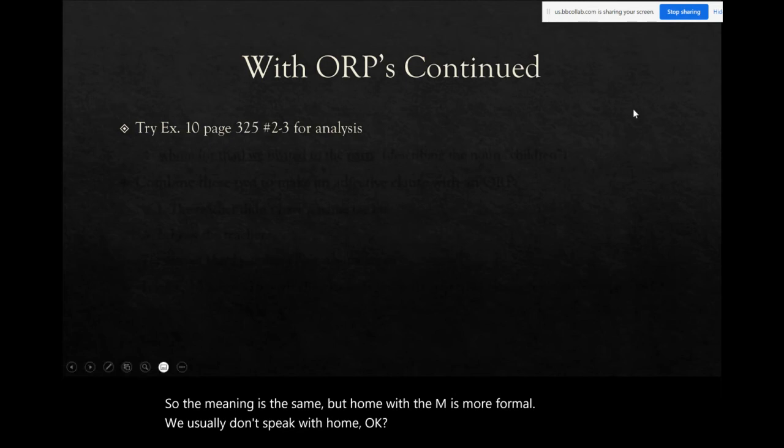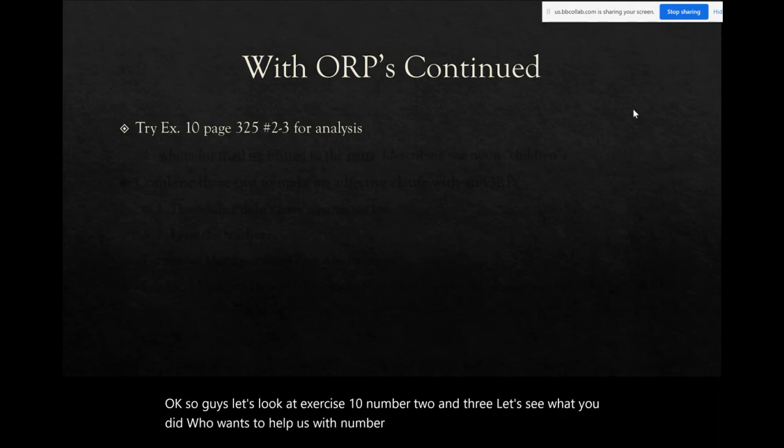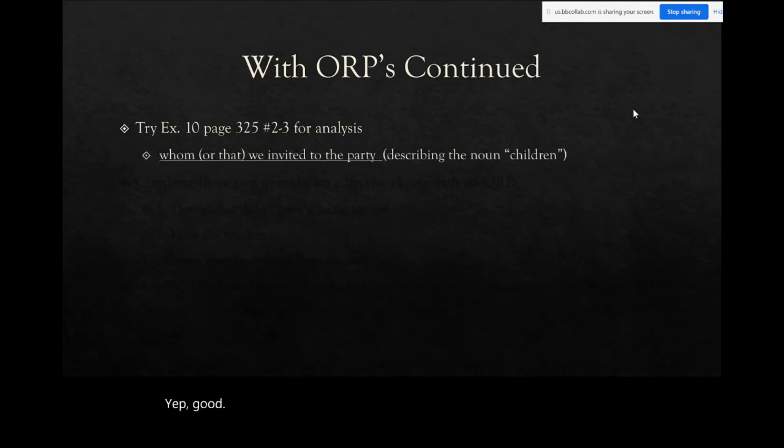Okay, so guys, let's look at exercise 10, number 2 and 3. Let's see what you did. Who wants to help us with number 2? Go ahead, Amani. That's the object pronoun. Yep, good. That's the subject, we. Invited, that's the conjugated verb.